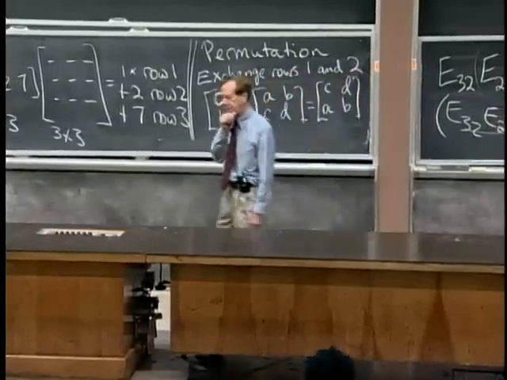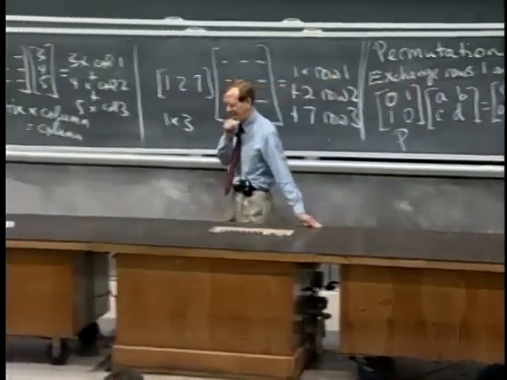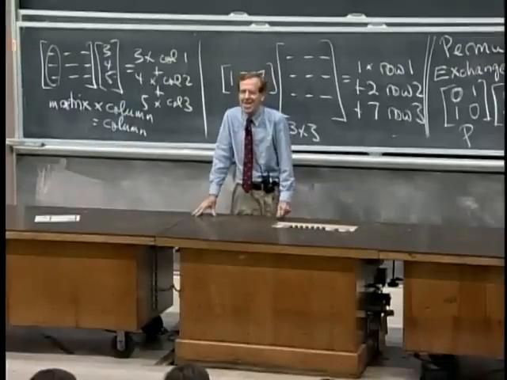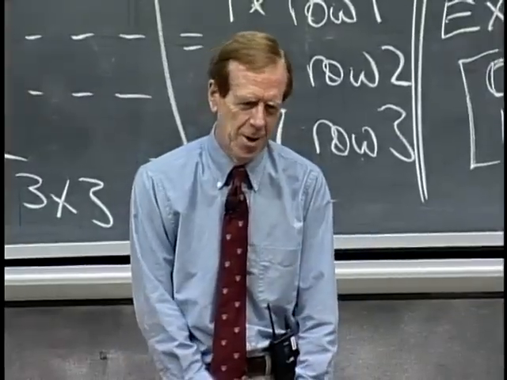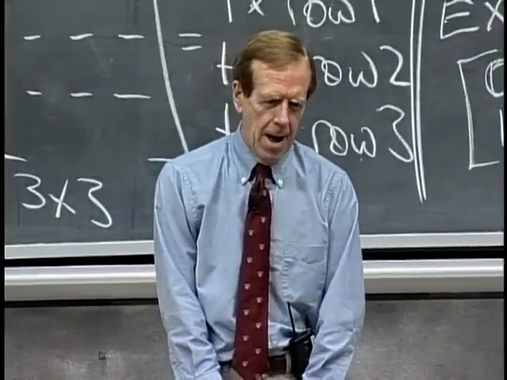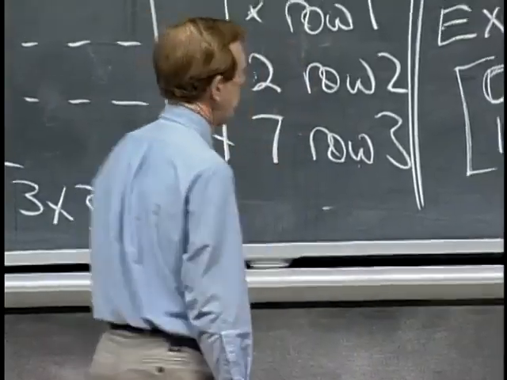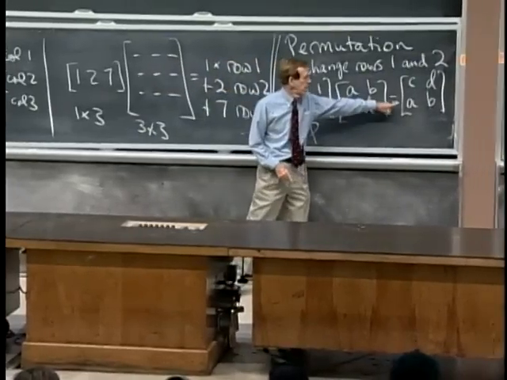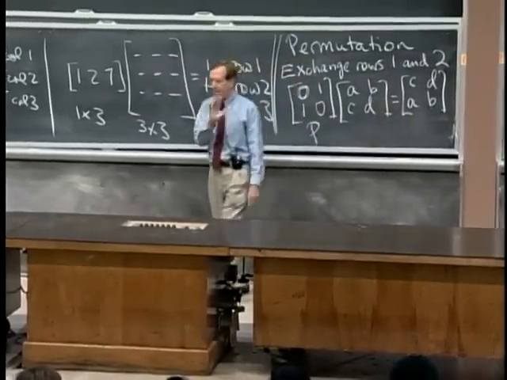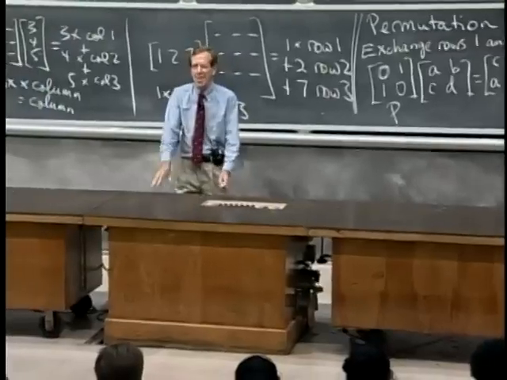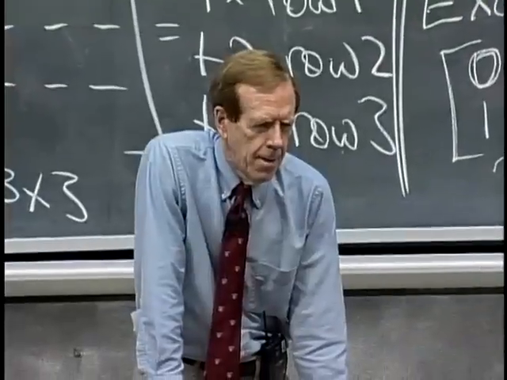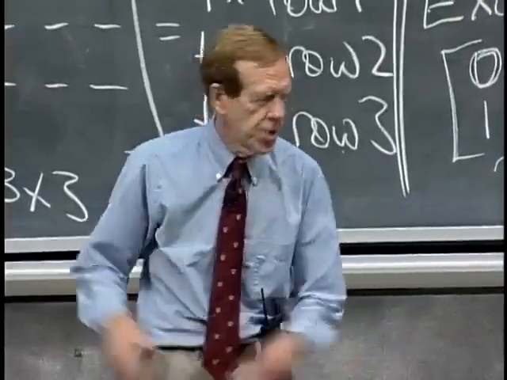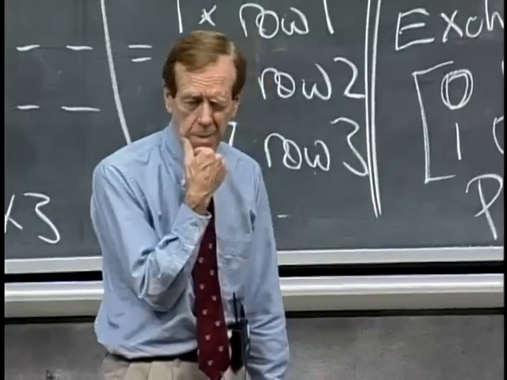Suppose I wanted to exchange columns instead. Columns have hardly got into today's lecture, but they certainly are going to be around. If I started with this matrix A, B, C, D, I'm not even going to write this down, I'm just going to ask you. Because in elimination, we're doing rows.